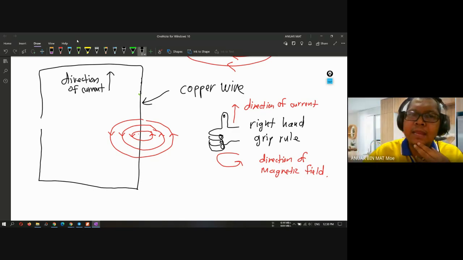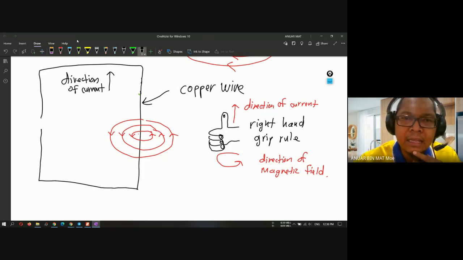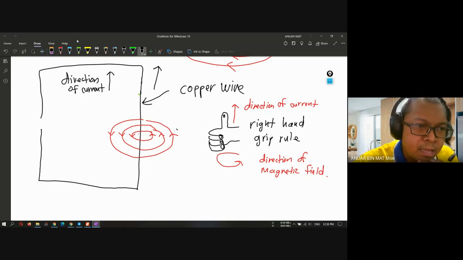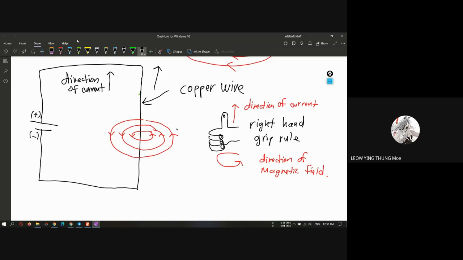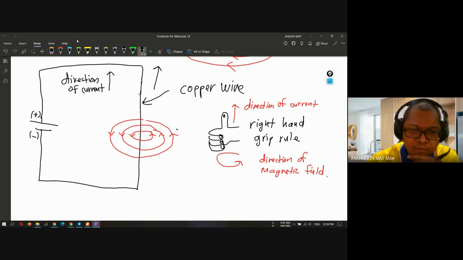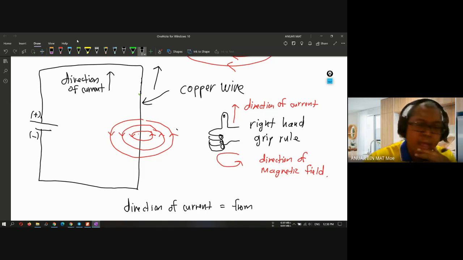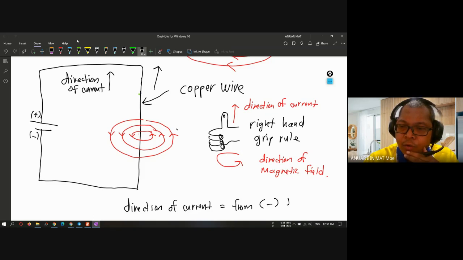Negative to positive, meaning that if the direction of the current is up here, down here will be like this. Is it correct? Because the direction of current is from negative to positive.